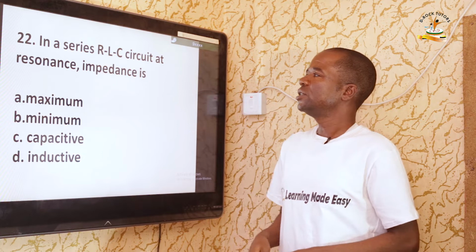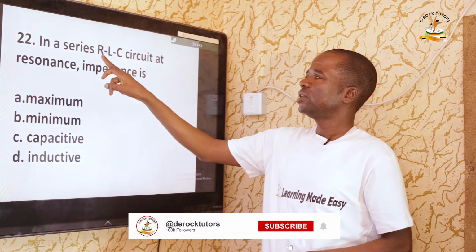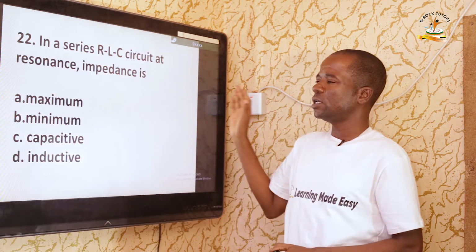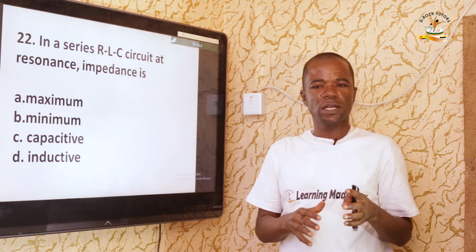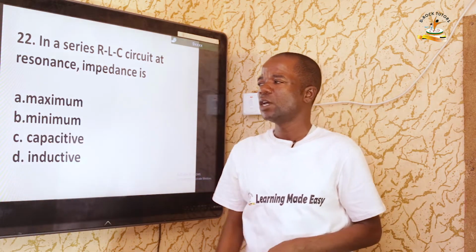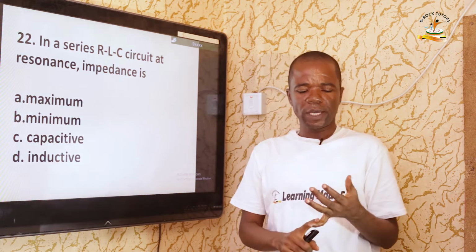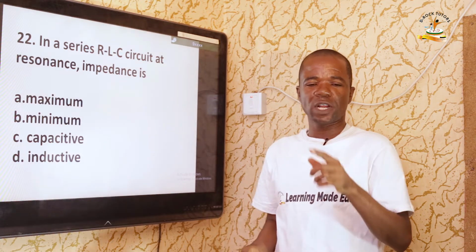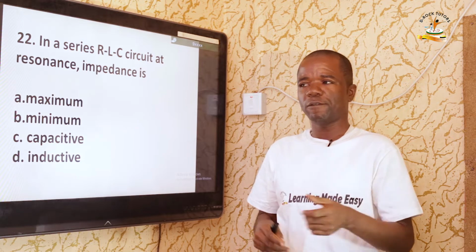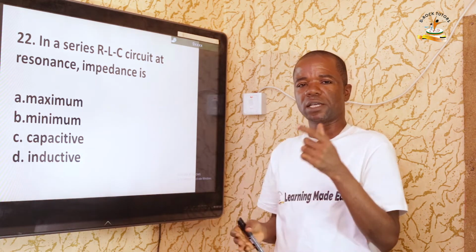In a series resistor, inductor, and capacitor circuit at resonance, impedance is dash. Now, at resonance, impedance is always minimum. So the correct answer is option B. Don't forget that when an AC circuit is at resonance, it means that the inductive reactance XL is equal to the capacitive reactance XC.